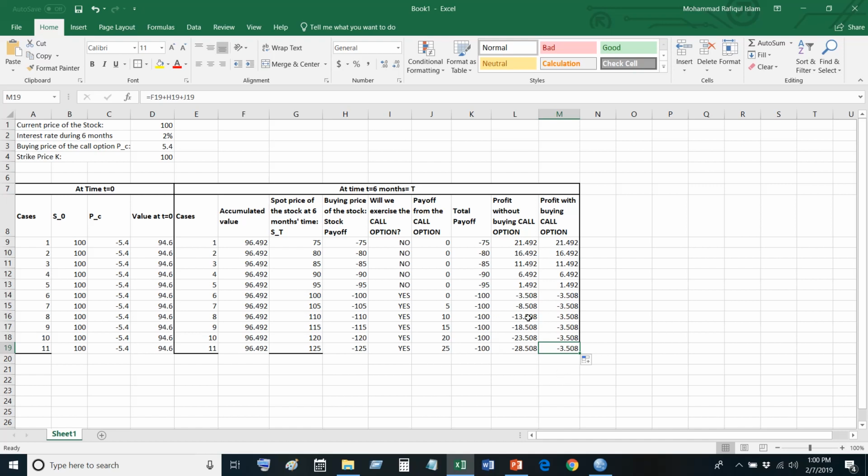So to sketch this whole matter, I prefer SPSS. Let's sketch this whole thing.